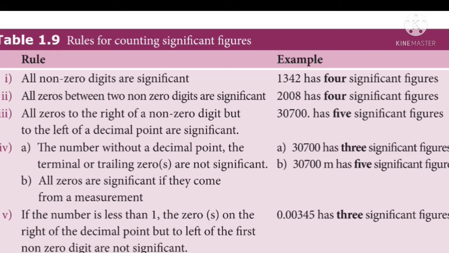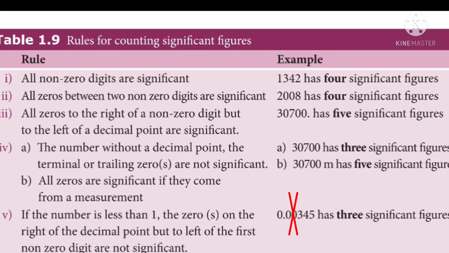Next one. If the number is less than 1, the zeros on the right side of the decimal point but to the left side of the first non-zero digit are not significant. Look at the example, 0.00345. In this number all the preceding zeros are not significant.